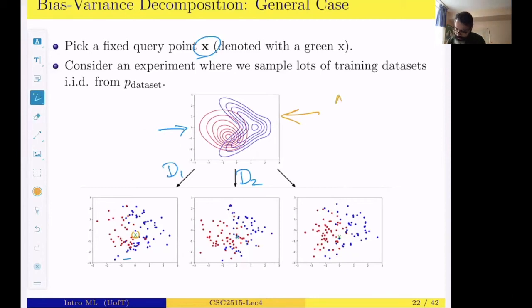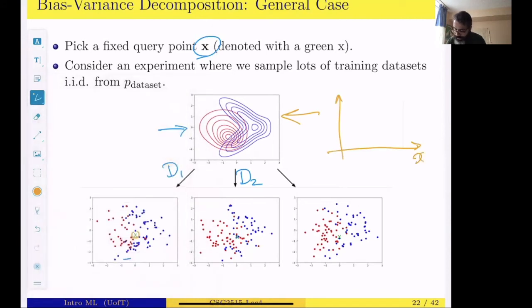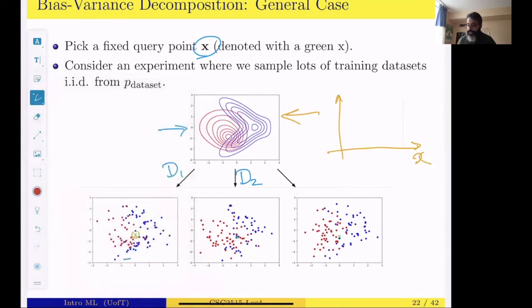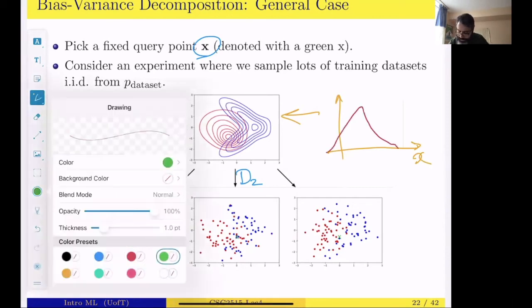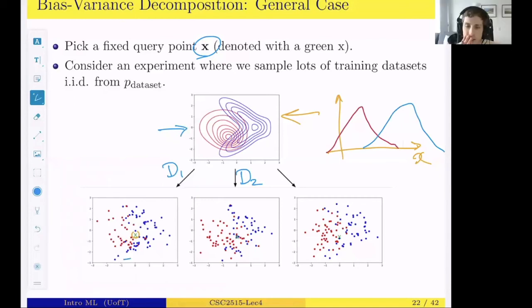So for the red one, suppose this is a one dimensional input. If the class is 1, the samples from class 1 come from, say, this distribution, and samples from class blue come from this distribution. This is the probability for a given class.